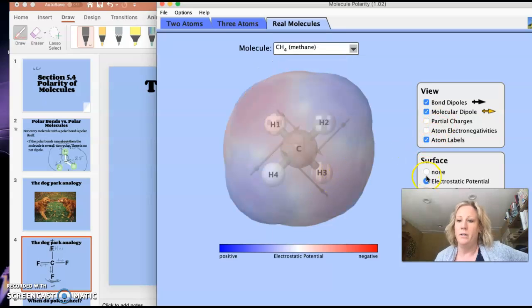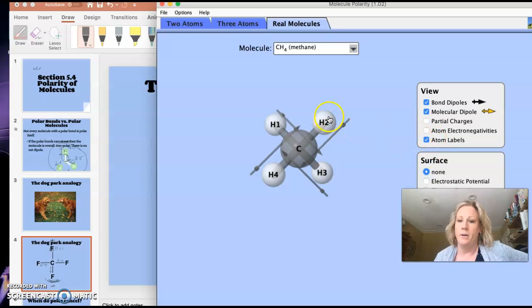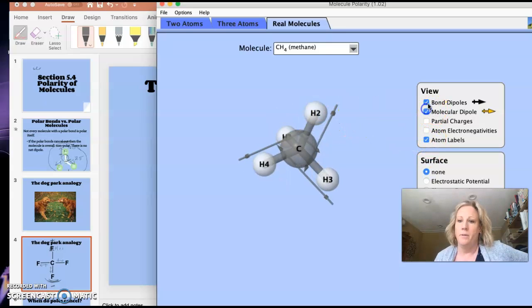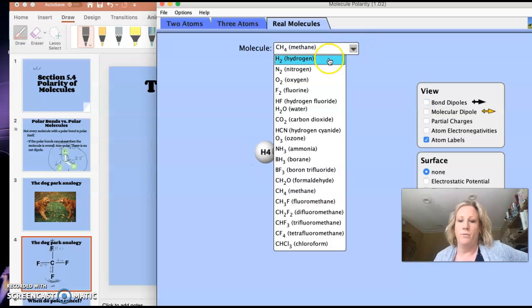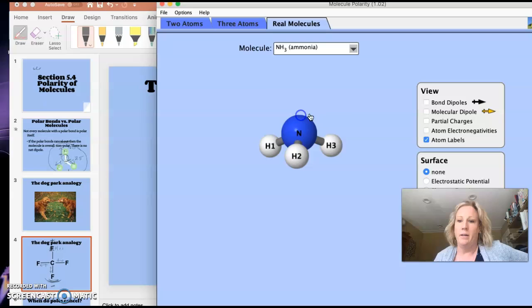So here is another, it's a symmetrical tetrahedron. Let me show you, sometimes when you have something that's not a symmetrical shape, like ammonia, if you remember, there's a lone pair of electrons up here, which causes this to be trigonal pyramidal.